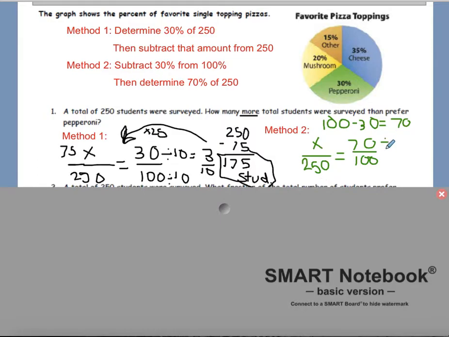Or if you want to keep working with whole numbers, then we can divide both the numerator and denominator by 10 to get 7 over 10. Now we can multiply both by 25.